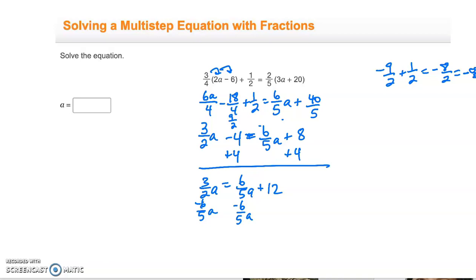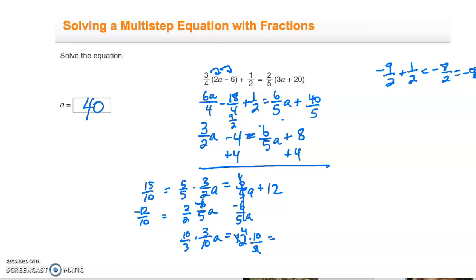So the common denominator would be 10, so we multiply this by 5 over 5, and we get 15 over 10, which is equivalent to 3/2. And we multiply this by 2 over 2, so we get negative 12 over 10. And so this is 3/10 a is equal to, and we're left with 12 on this side. Then we multiply by the reciprocal, and I can say 3 goes into 12 4 times, and I'm going to get a equals 40.